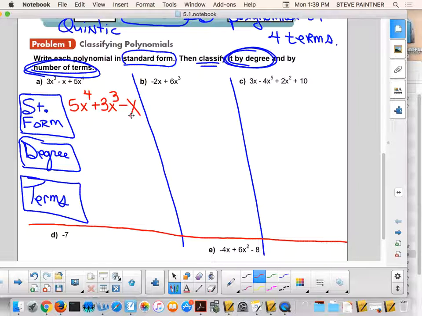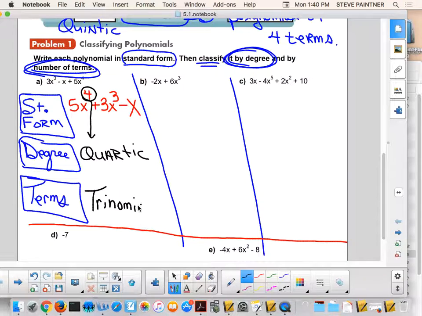Quartic. Yeah. It's quartic. Harry, how many terms were there? 3. What's that called? Trinomial. There you go. First one's done. Hey, that's 3 points on the test or quiz or whatever.